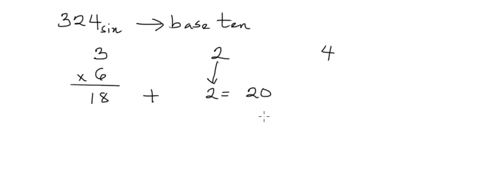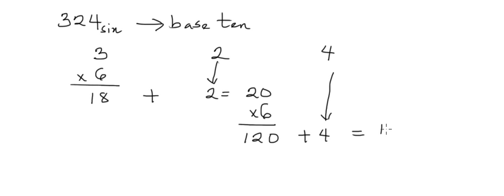Now whatever you get, you multiply by the base again. That is 120. Then you add the next number, and that is 124 base 10. Since you do not have any other number, you stop here.